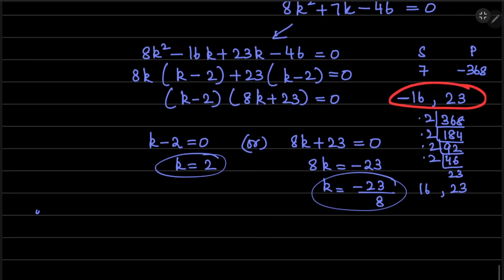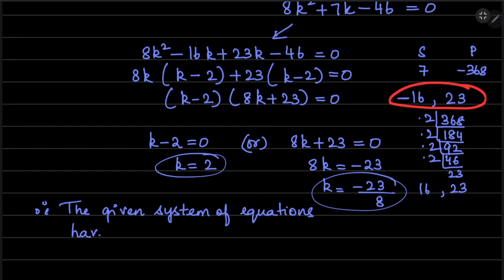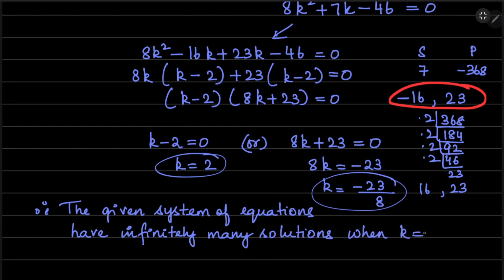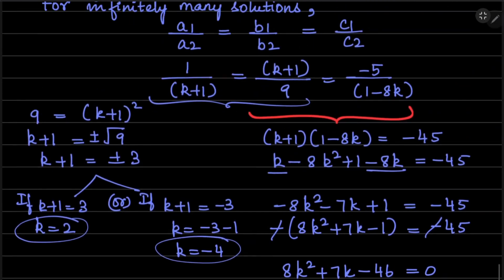So you can write, therefore, the given system of equations have infinitely many solutions when k equal to, what is the most common value when you're taking both? k equal to 2. So this is your final answer. Is it clear?